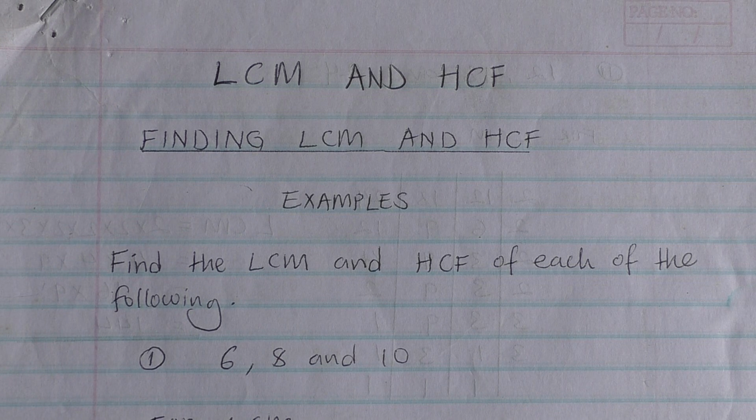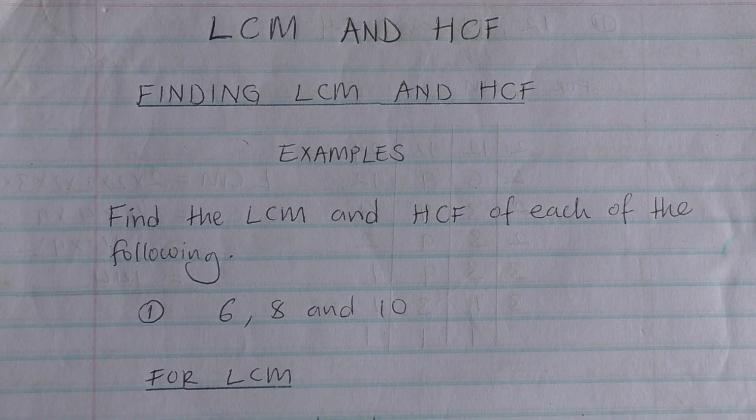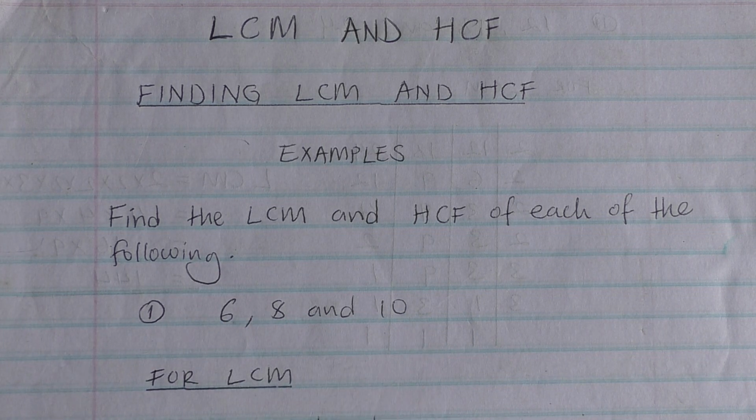So if we have three numbers 6, 8 and 10, how do we get their lowest common multiple? That is the multiple of all the three. They have many multiples, but we are interested in the lowest and common.